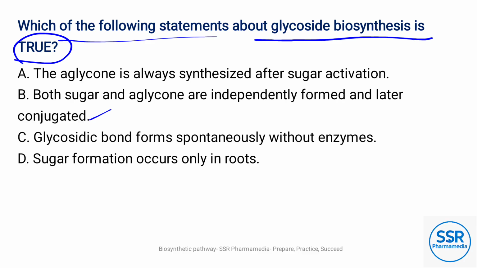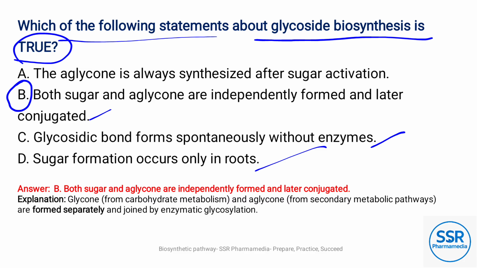Option B, both the sugar and aglycone are independently formed and later conjugated. Option C, glycosidic bond forms spontaneously without enzymes. Option D, sugar formation occurs only in root. So among these, option B statement is correct. So the answer is option B.